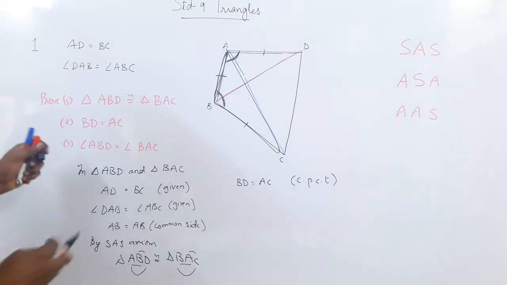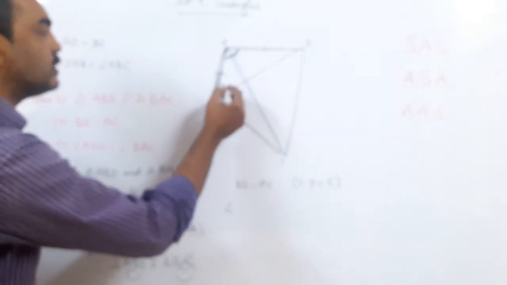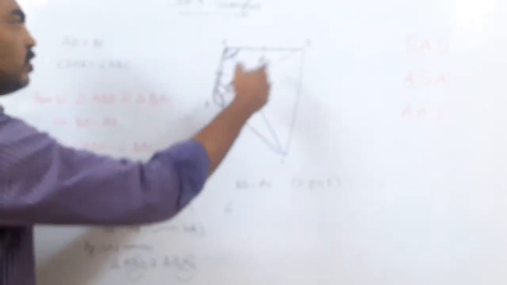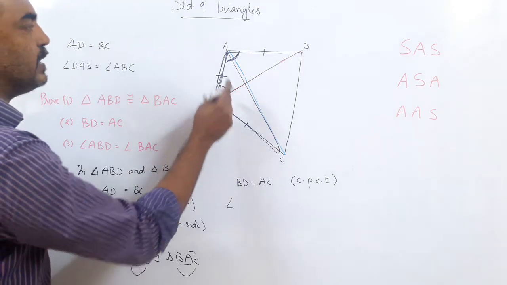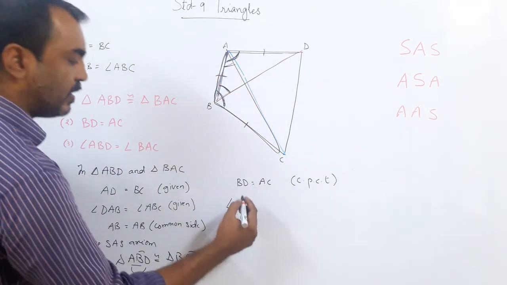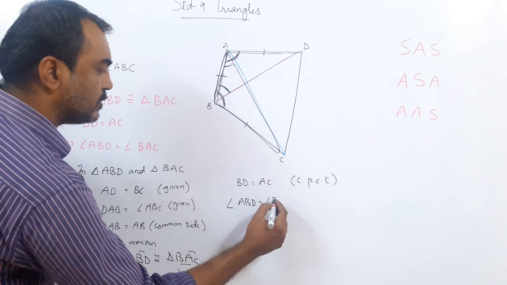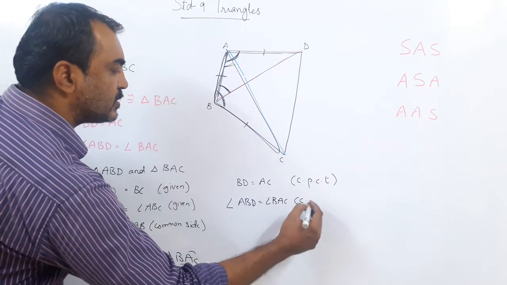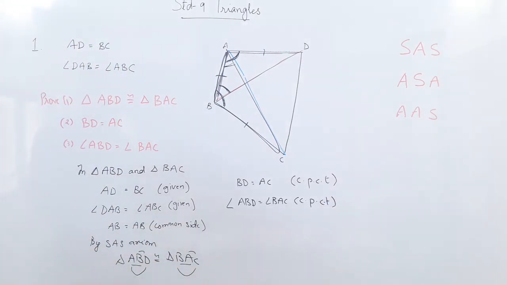And in the same way I can say angle ABD, now only this angle, this piece here, ABD of which triangle? The first triangle ABD, and BAC, this part of the second triangle. ABD equal to BAC, and again I write here CPCT, means corresponding part of congruent triangle.